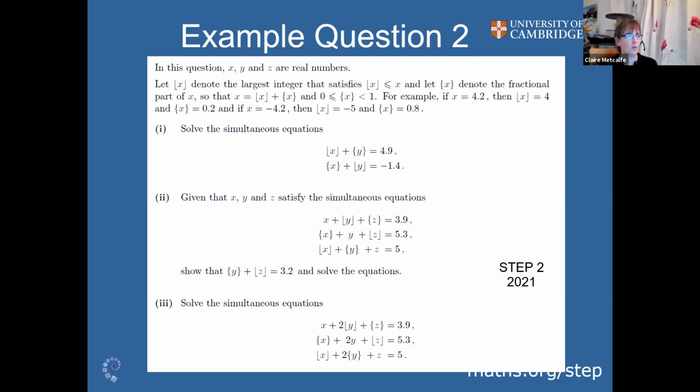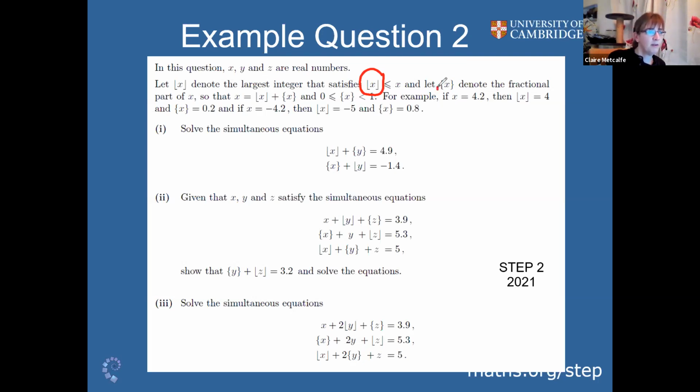So this is probably one of my favorite sorts of STEP questions, in that it introduces something new. If you've met the floor function before, you probably know what this thing means. But it doesn't matter if you don't, because it does actually explain it, and you don't need to use the term floor function.